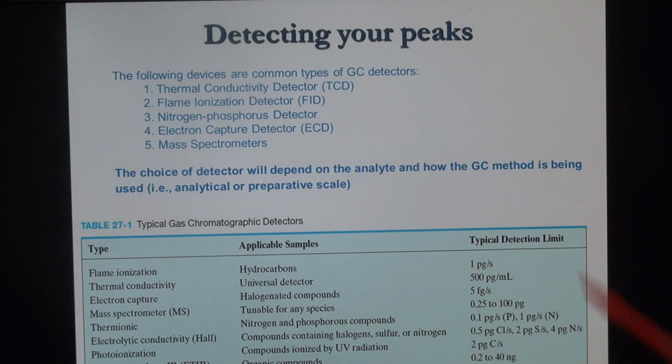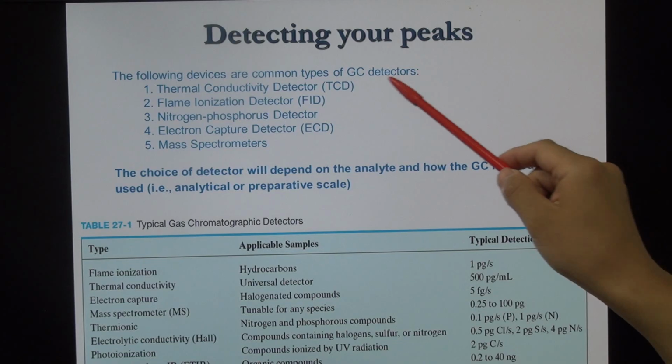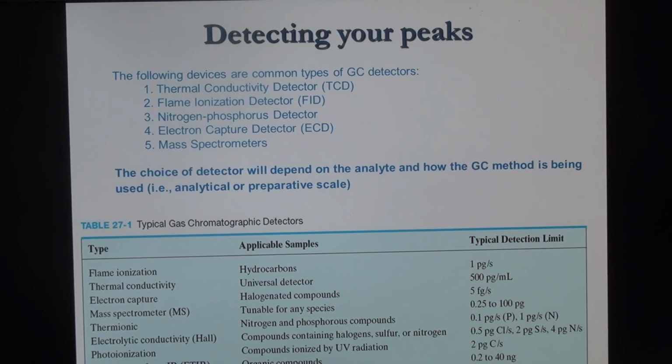Okay? So after you choose a proper mobile phase, stationary phase, column, or operating condition, after you separate it, you need to detect the separated compounds, right? And there are many different types of detectors used for GC, such as thermal conductivity detector, flame ionization detector, nitrogen phosphorus detector, electron capture detector, and mass spectrometer.